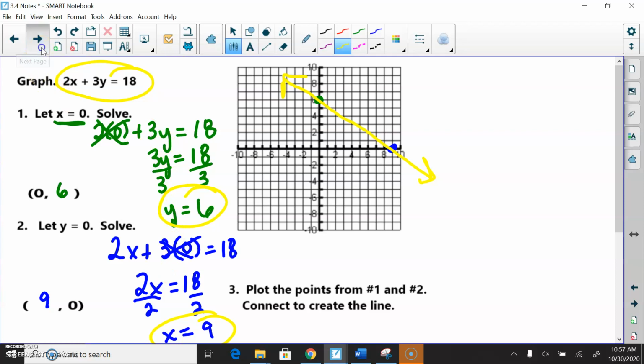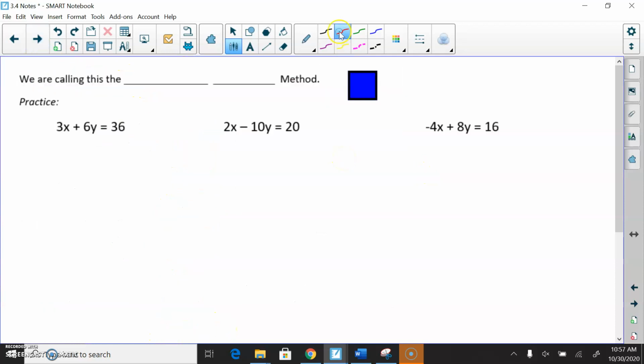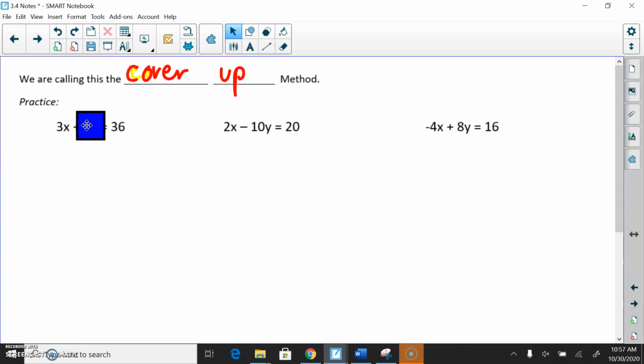Okay, so we actually call this the cover-up method. It's because essentially what we're doing is we're covering up each of the terms. So what I mean by that is if I take this square and I cover up one term, that's the equation I'm going to solve first.